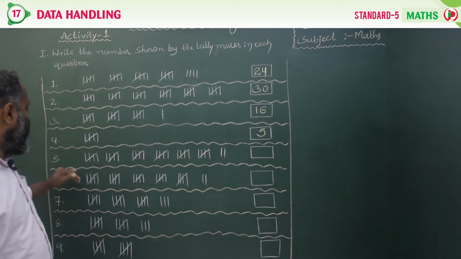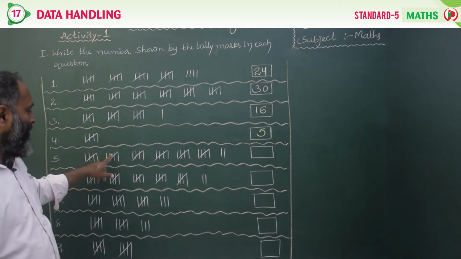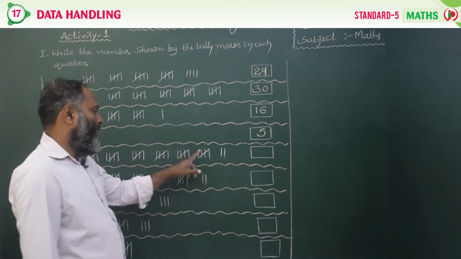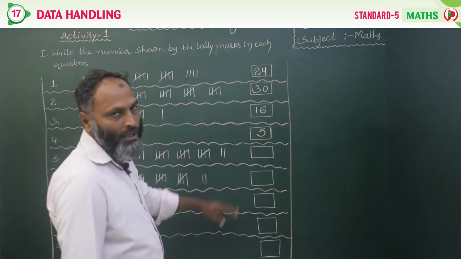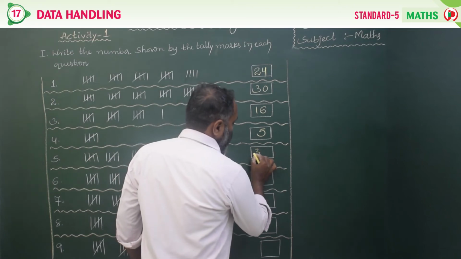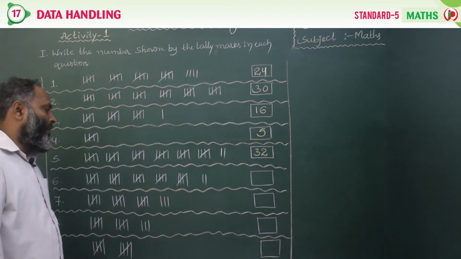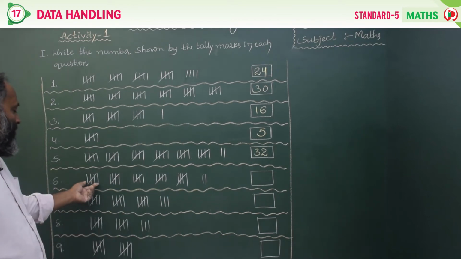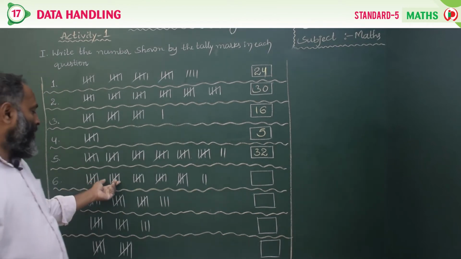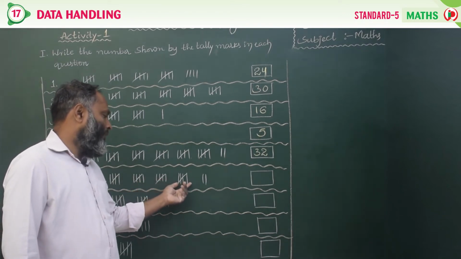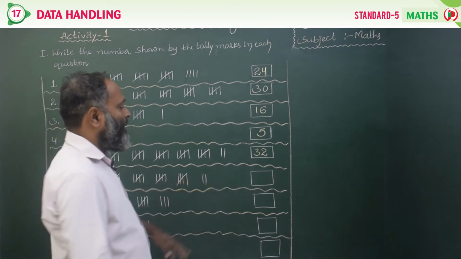Now in the fifth question, 5, 10, 15, 20, 25, 30, 31, 32. Here we have 32 observations. Now in the sixth question, 5, 10, 15, 20, 25, 26, 27.